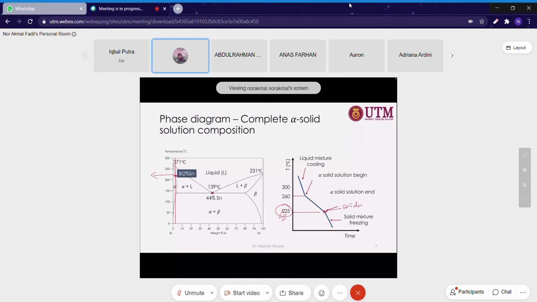It means the limit where, upon heating, it's the beginning of formation of liquid, the transformation from solid to liquid, or upon cooling, during the cooling process, it is the point where the solid completely forms, or the liquid completely transforms into solid.